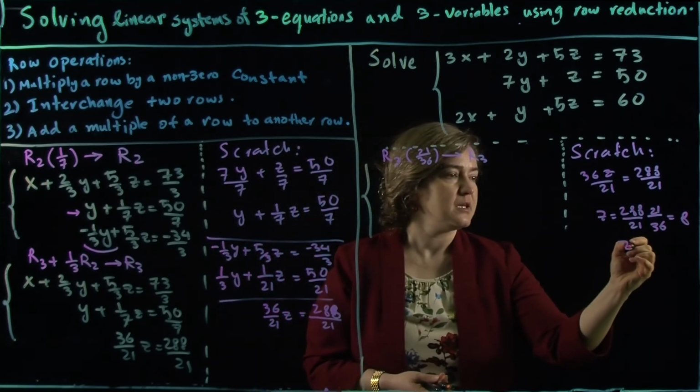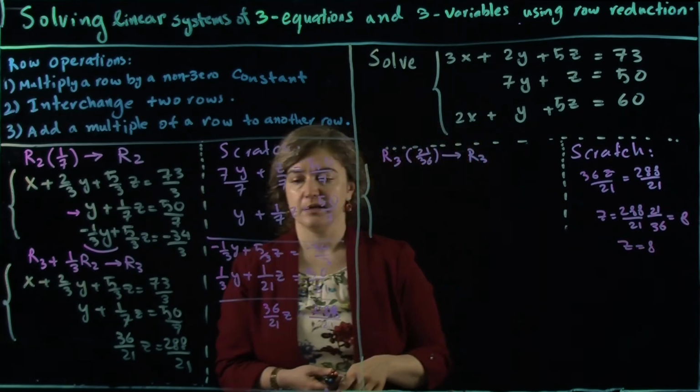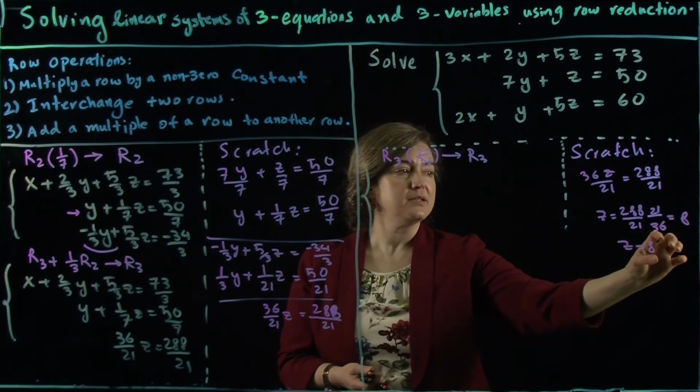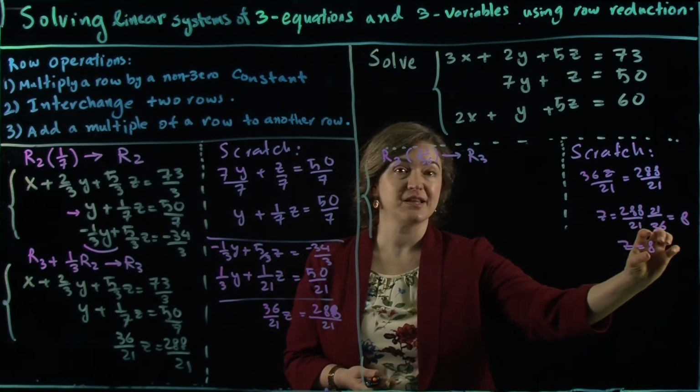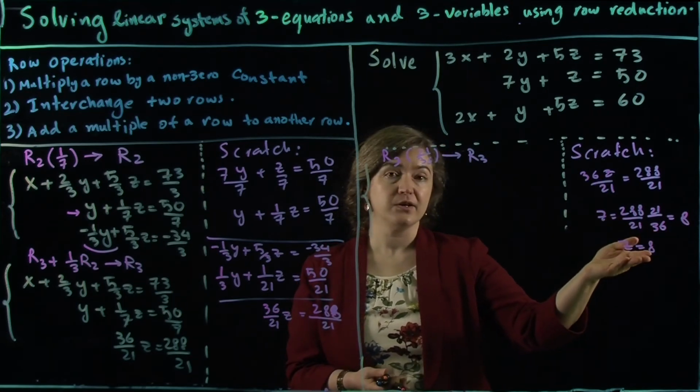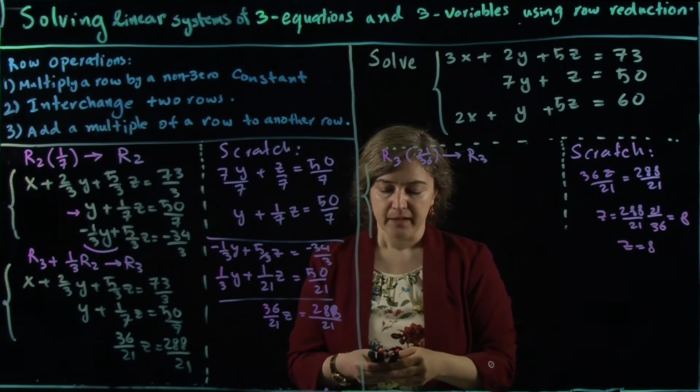So z equal to 8 is going to be the last row. And a lot of times that's what you see on the last row: just the last variable equal to a number.